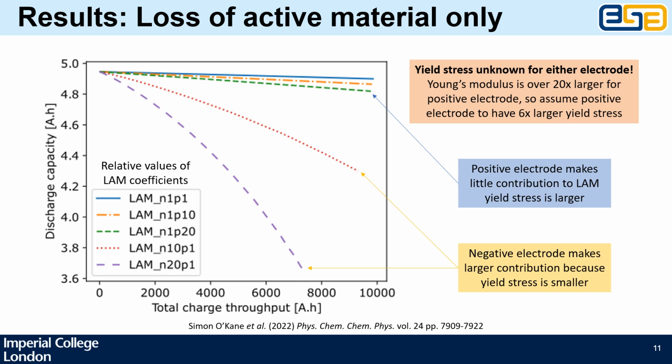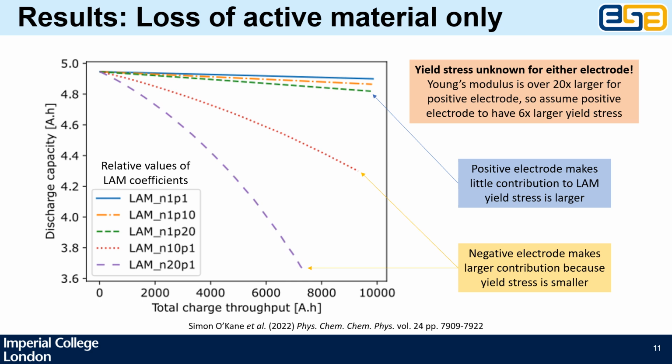Now we've turned all the mechanisms off except for the mechanical loss of active material. One problem is we don't actually know what the yield stresses of these electrodes are because they're composite materials. We do know that the NMC metal oxide has a much higher Young's modulus than graphite, so we've assumed that to have a much larger yield stress. And therefore, in this study, turning up the degradation constant for the positive electrode didn't change very much.